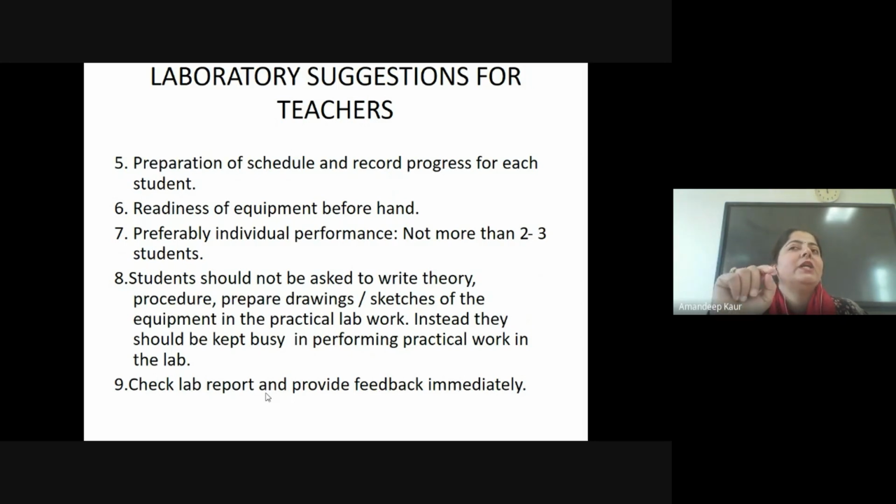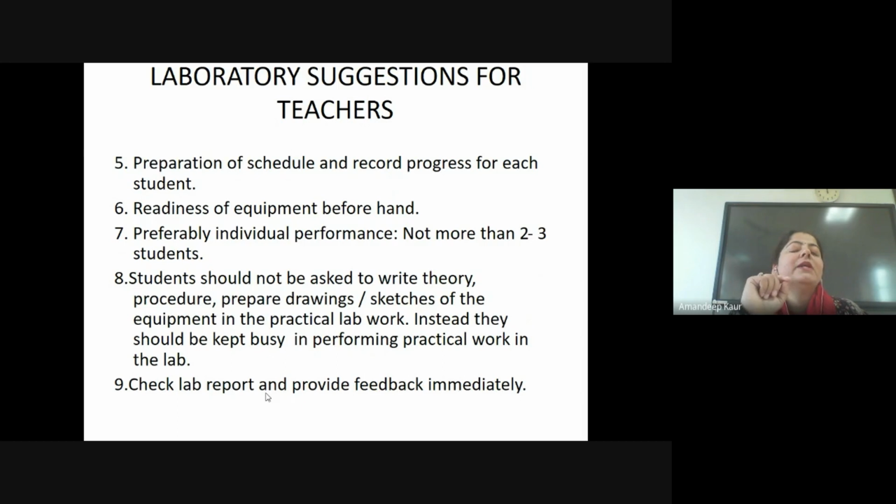Preferably there must be individual performance. If not, experiments can be run simultaneously in a laboratory environment, and students can also be divided into groups of not more than 2 to 3 students. In a laboratory environment that is specifically designed for the development of psychomotor skills among students, the student need not rewrite an activity again and again that is already available.